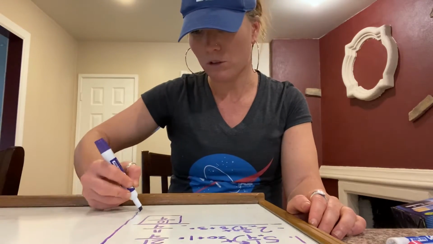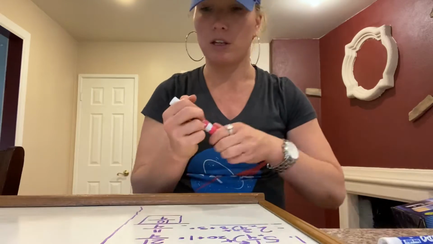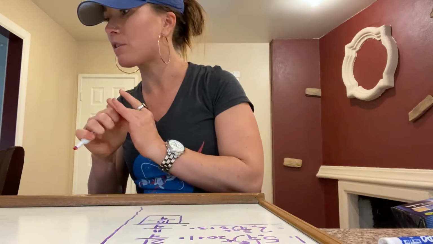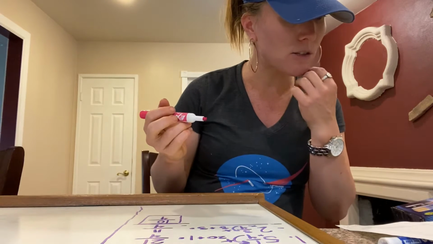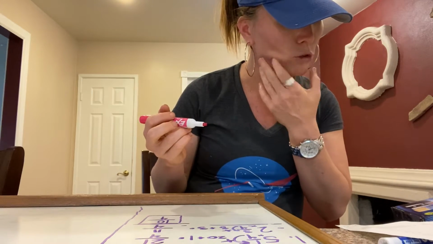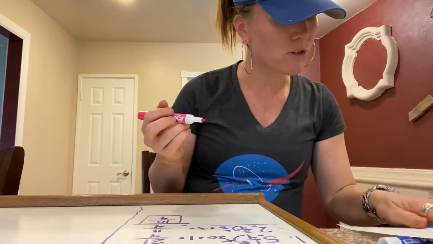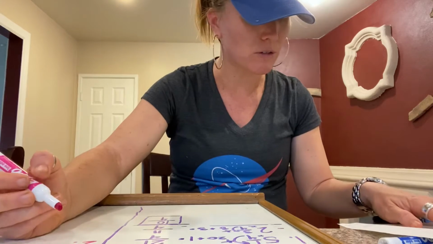I'm going to switch colors. I'll use pink. I haven't used this pink in a while, so I hope it turns out well and clear. Let's do this one. Number 2. Oh yeah, it turns out really nice.